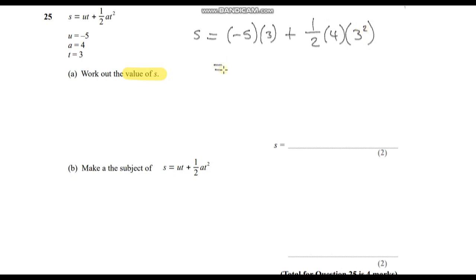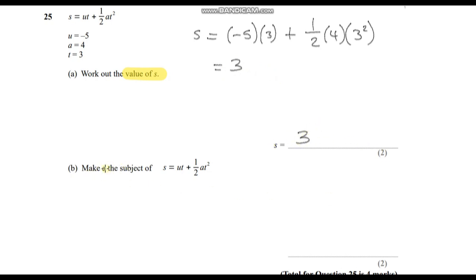So all I need to do is pop all of this into a calculator. So we've got -5 times 3 plus a half times 4 times 9. And we get 3 as our answer. So our answer for this, S equals 3.